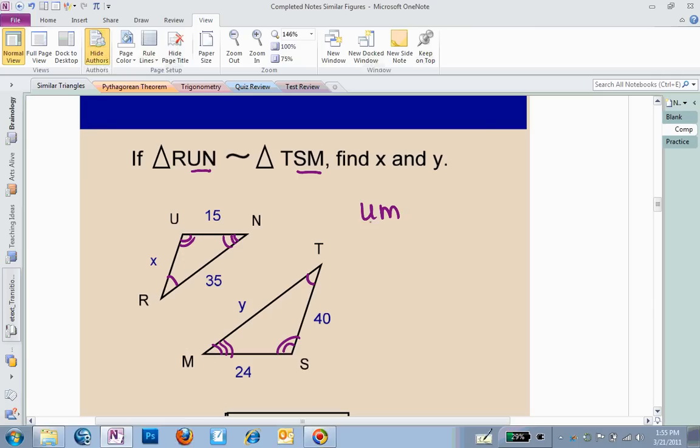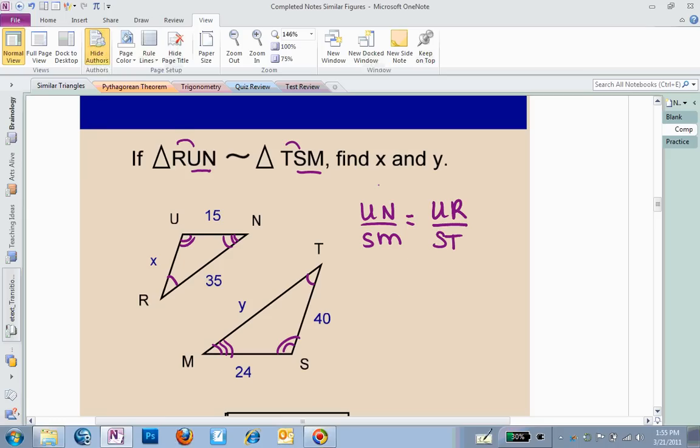So I'm going to write UN over SM. And we're going to be solving for X, so I'm going to write UR, since that's the length of UR. And we know that UR corresponds with ST, so I'm going to write ST underneath that.